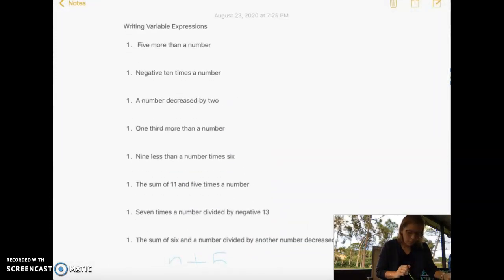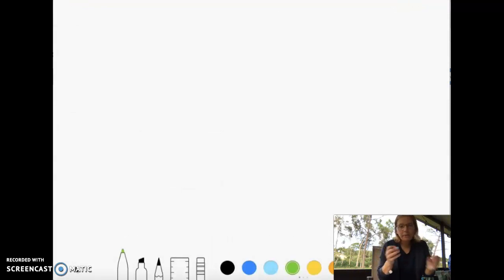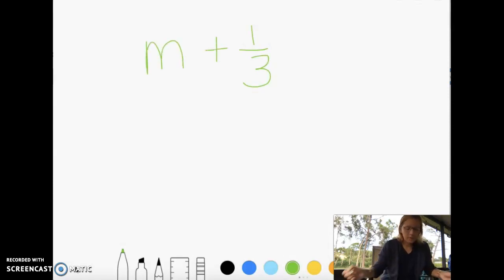The next one says 1/3 more than a number. Again, we have that word more than. If I have something that says more or less, that part's going to go at the end. So 1/3 more means plus, than a number. That says 1/3 more than a number.